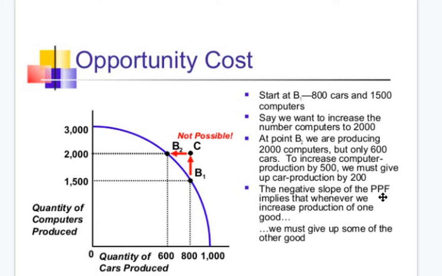The negative slope of the PPF implies whenever we increase production of one good, we must give up some of the other good, meaning because we're moving along the curve in either direction, we're giving up something. So for instance, if we went from 800 to 1,000 cars on this PPF, we don't have the ability to make 0 computers.